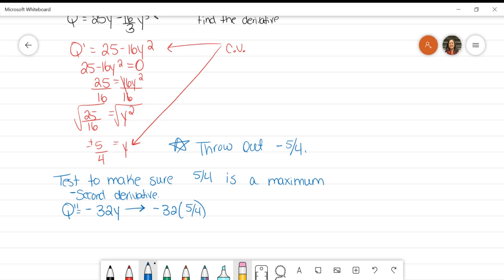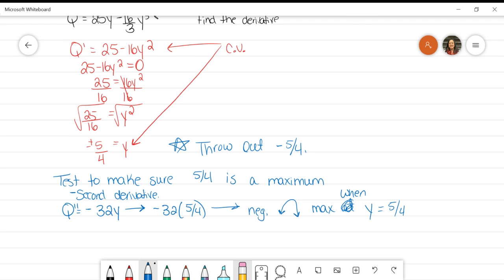Guys, I don't really care what the actual number is. Remember, I just want to know the sign. This is going to be a negative number. Negative values mean it's concave down, which means I do have a maximum at, what did I plug in? Y equals, or when, let's say when y equals 5/4.